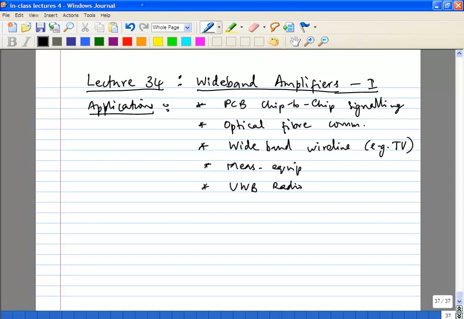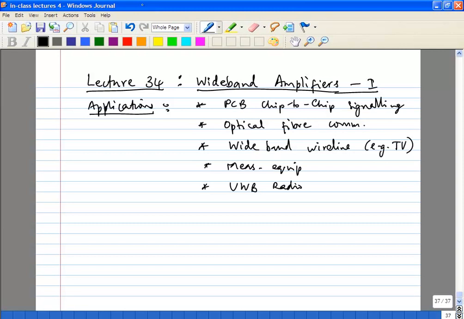So the power spectral density of your transmitted signal should be very low, but your overall signal bandwidth is quite large. It's usually used for short range communications. So it is being thought of as, for example, a replacement to USB. With USB you have to keep plugging in to the computers. You want to have some kind of wireless protocol for that.